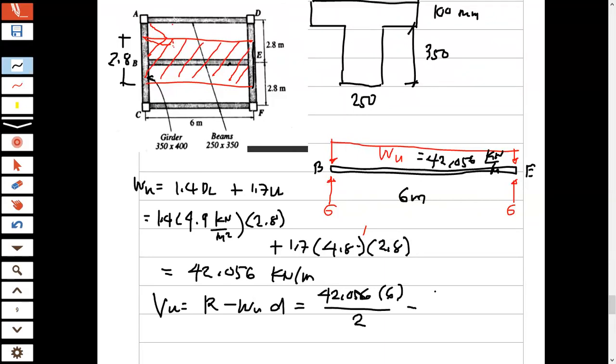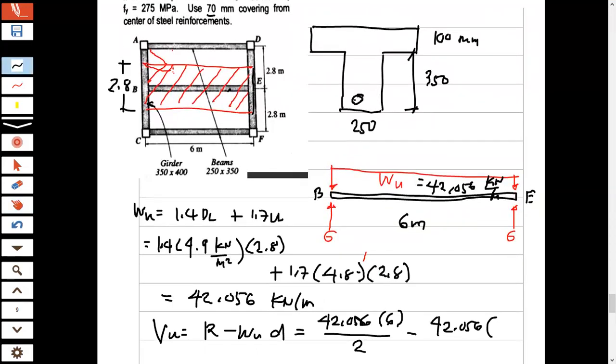And then you have again 42.056 multiplied by the effective depth. Anong effective depth? Effective depth. This is 350.